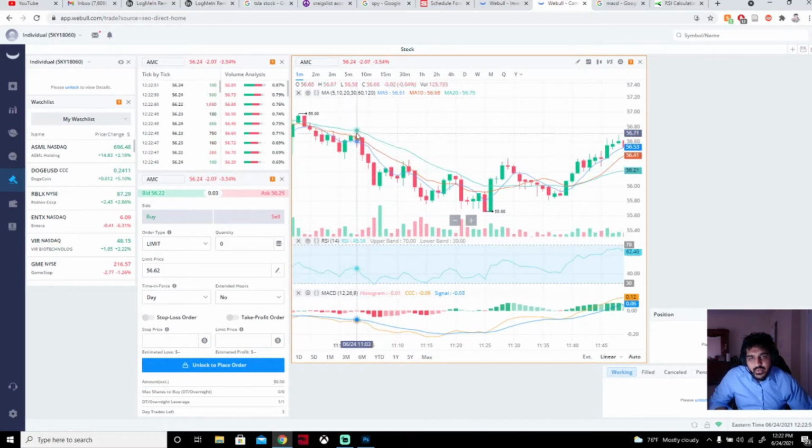You can see the 20 moves way slower than the one that's 10, which moves way slower than the one that's 5. So the 5 is called a short-term SMA. The red is basically called a midterm SMA, and the green is called a long-term SMA. So you have the short and the long.